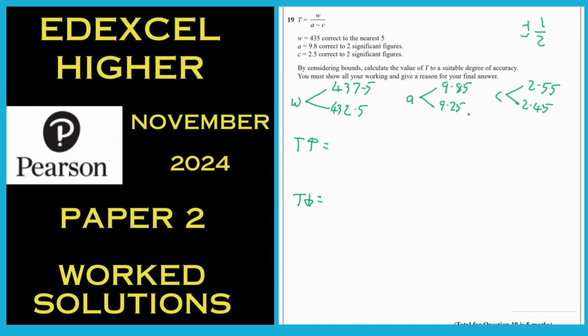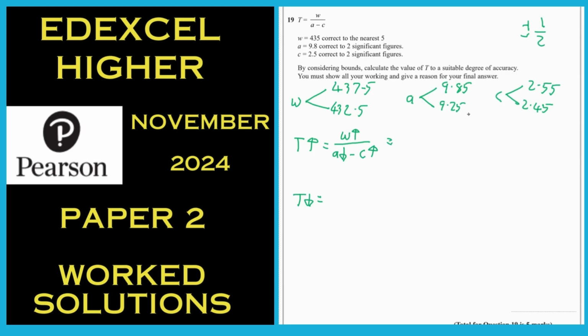If I want to make t as big as possible, I should pick the biggest possible w and divide it by the smallest possible denominator. How is the number on the bottom as small as possible? I need smallest a minus biggest c.